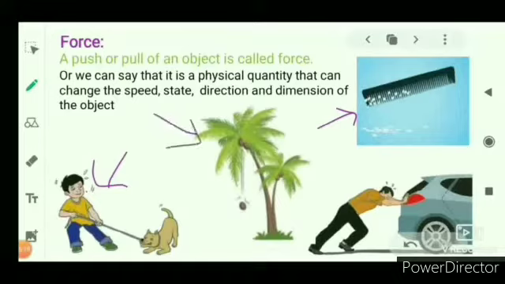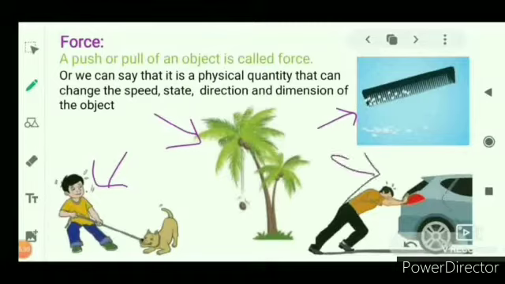In this figure we can see that a coconut tree is given and a coconut is falling down on the earth. Why it is falling down? Yes, everyone will say that it is due to the gravitational force of attraction. Yes, there is a gravitational force of attraction between a coconut and the earth.